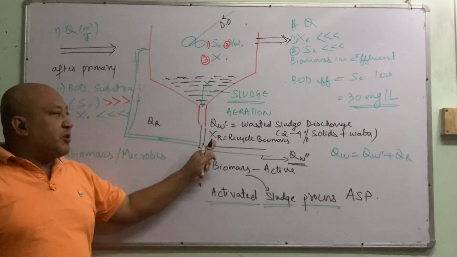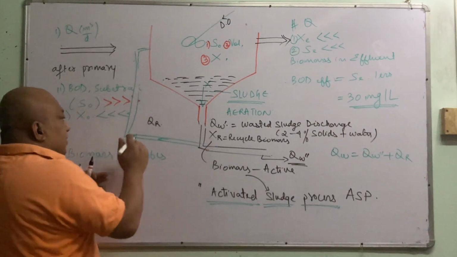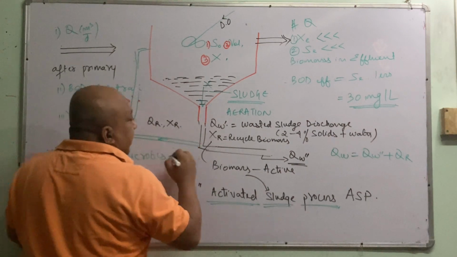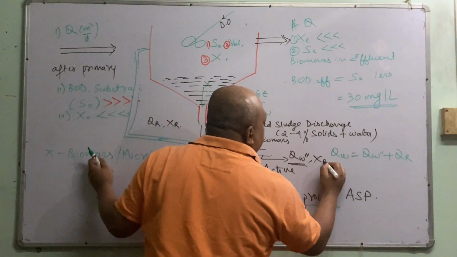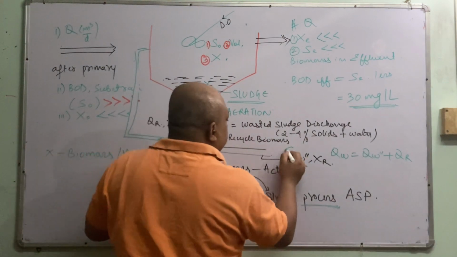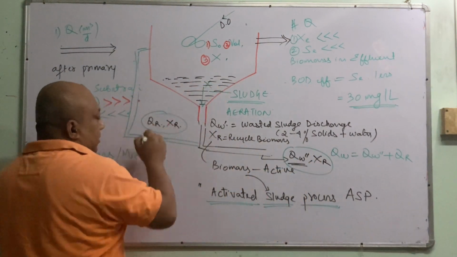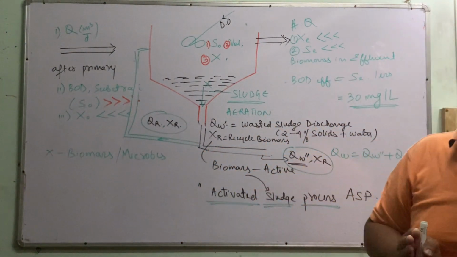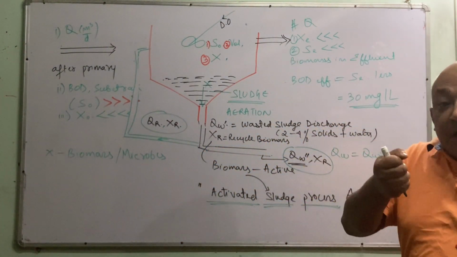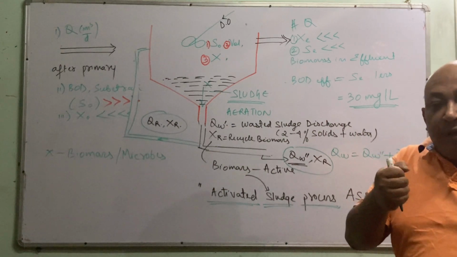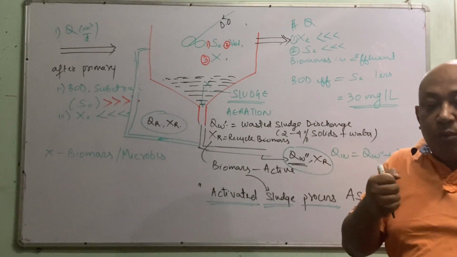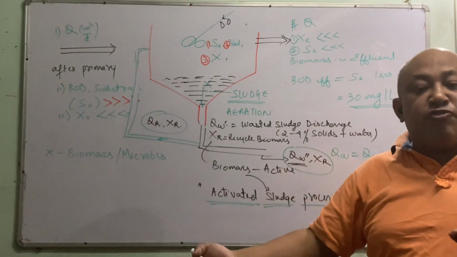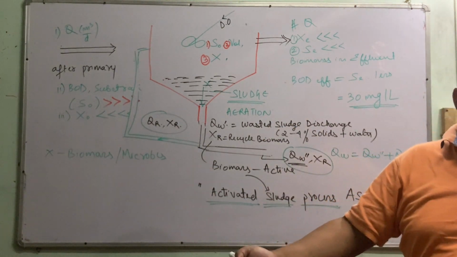But what about the concentration of the biomass? The concentration of the biomass here will be same. This is also XR and this is also XR. The reason is, you see over here, I have a cup of coffee, a mug of coffee. Mug of coffee is 1 liter. So 400 ml I give it to my right side, 600 ml I give it to my left side.